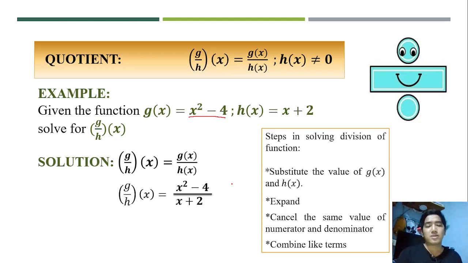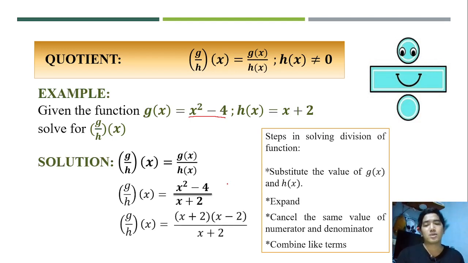So si x squared minus 4, ang factor po niya will be x plus 2 and x minus 2. Okay, so ayan na po siya. Yung x squared minus 4, ang factor niya will be x plus 2 and x minus 2. Then yung denominator natin is kinopya lang muna natin, which is x plus 2.